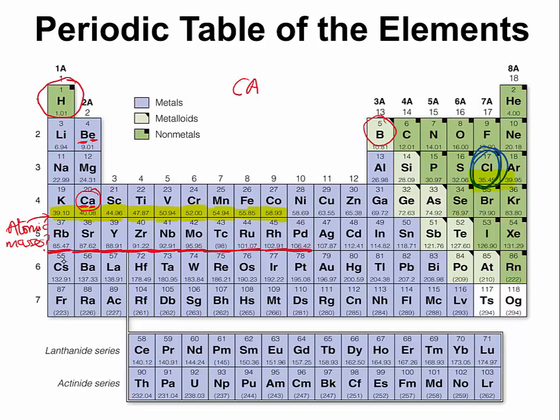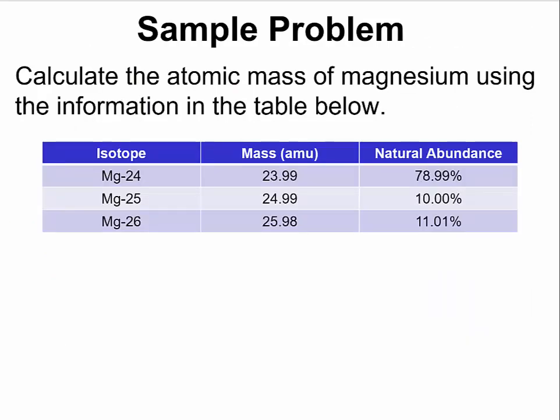Let us take a look at another example. In this question, we want to calculate the atomic mass of magnesium using the information provided in the table. We have three isotopes: magnesium 24, which actually has a mass number of 23.99 AMU.